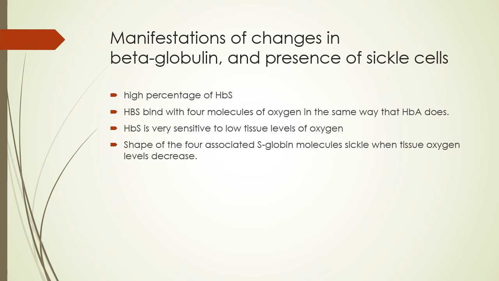So again, there is a high percentage of hemoglobin S, and they carry oxygen the same way, but hemoglobin S can lead to a different shape of the blood cell, basically a sickle shape, and it will lead to several problems when the red blood cells are in this shape.